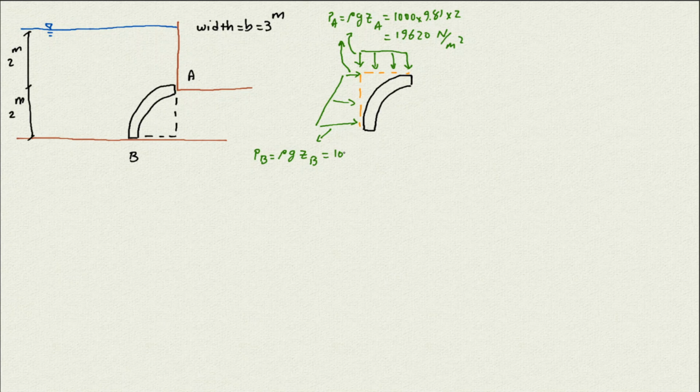It's going to be 1000, times 9.81, times the ZB, which is the depth here, 4, and the magnitude of that comes out, the PB would be 39,240 Newton per square meter.